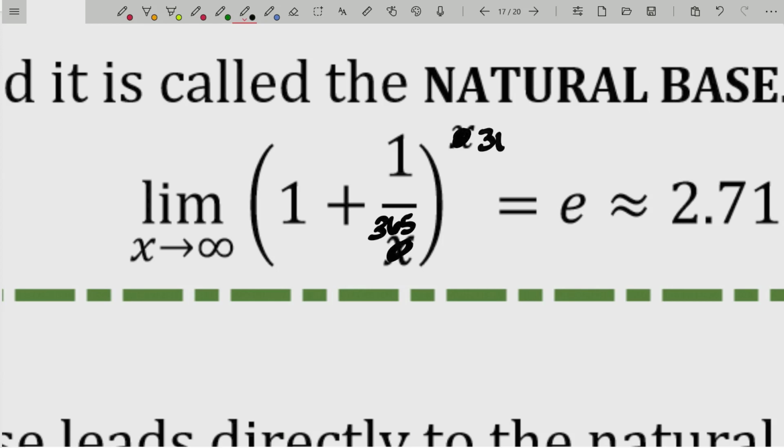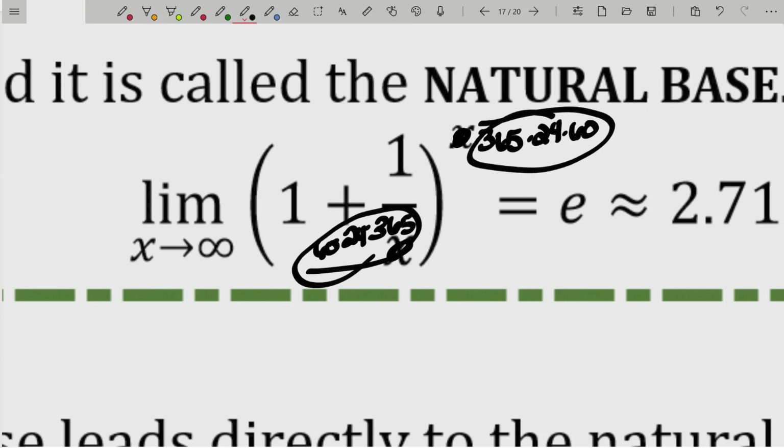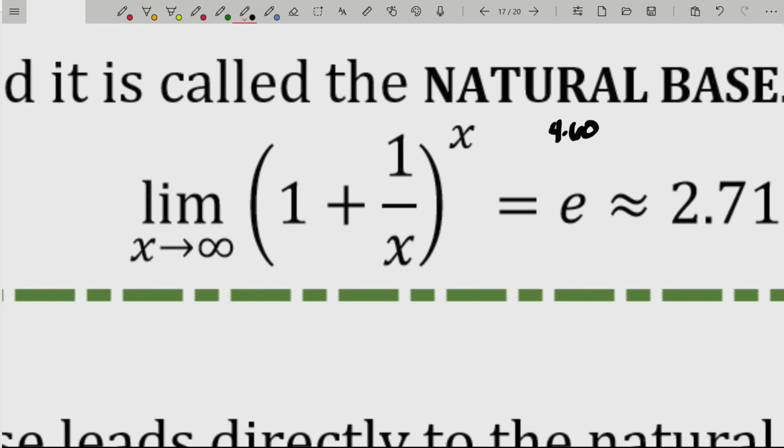But then somebody comes in the room and says, no, I don't want 365 times a year. I want it to happen every hour. Well, there's 24 hours in each of those days, so I'll do this. Somebody else says, no, I want it every minute. Well, there's 60 minutes in every hour, so I'll do this. Notice these numbers are getting larger and larger. Eventually, you're tending to huge numbers or to infinity.